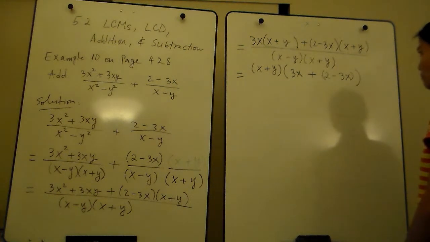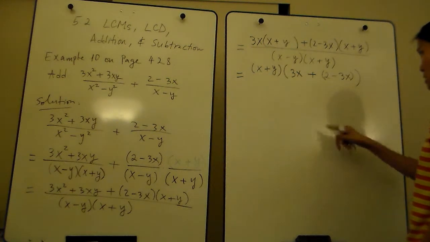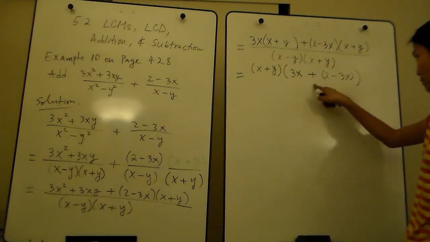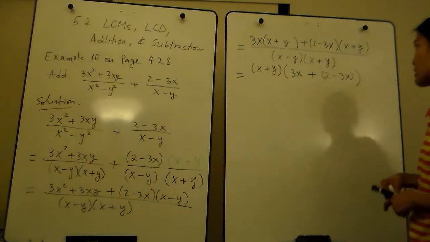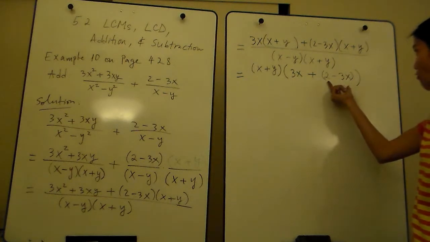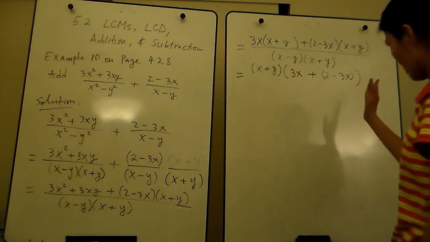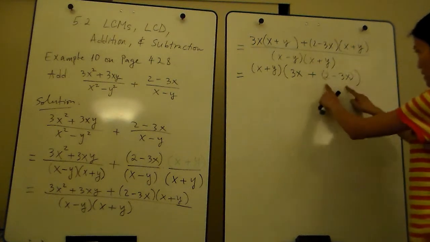Because I have the plus, I can drop this parenthesis because the plus would not change the sign. If I have a negative here, I always have to put the parenthesis first because the negative would affect all the numbers that appear in front of it. So if I have a negative here, make sure you have the parenthesis.